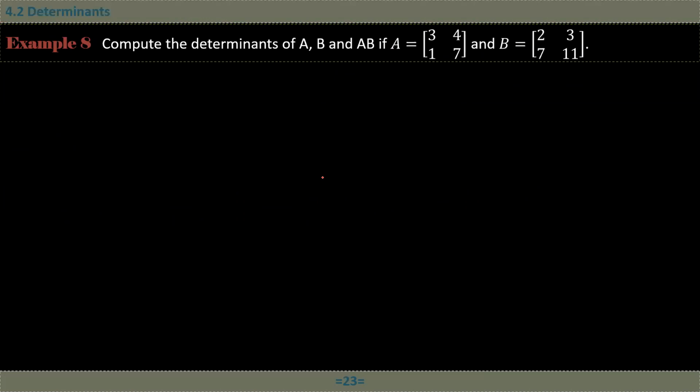Compute the determinants of A, B, and AB. Now, if we know the determinants of A and B, we can get the determinant of AB by multiplying them.